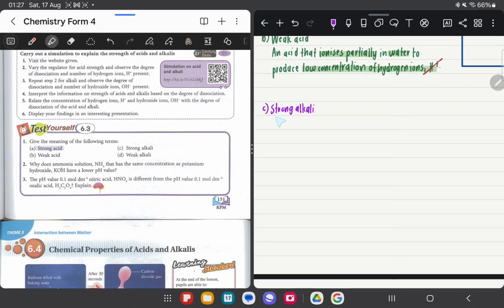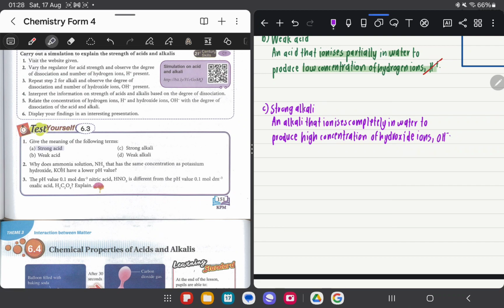Then just write: an alkali that ionizes completely in water to produce high concentration of hydroxide ions.